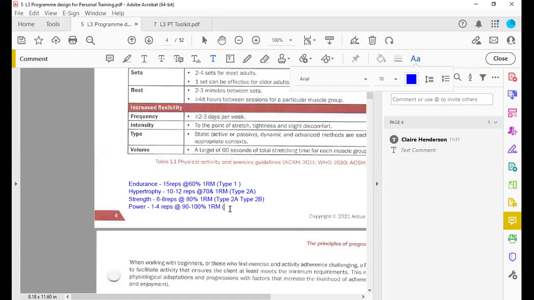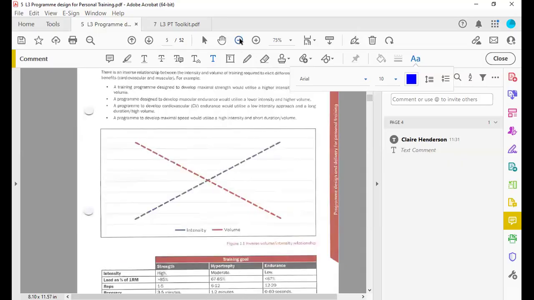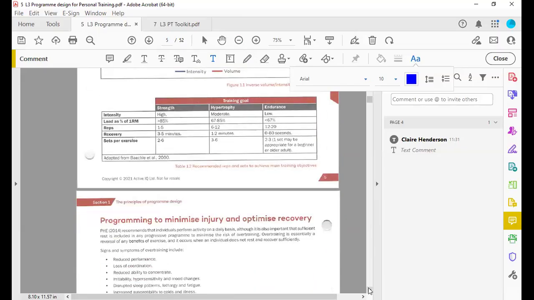And then obviously power is going to be your dominant muscle fibers, the type 2B. So that being said, if your client has asked for endurance, we should not see strength and power in their 12-week plan. If the client has asked for strength and power, we shouldn't, unless you can rationalize it, see endurance in their 12-week plan. Only give them ingredients which they have asked for, unless you can rationalize why you've made a change. So do revisit this section, as I said there.